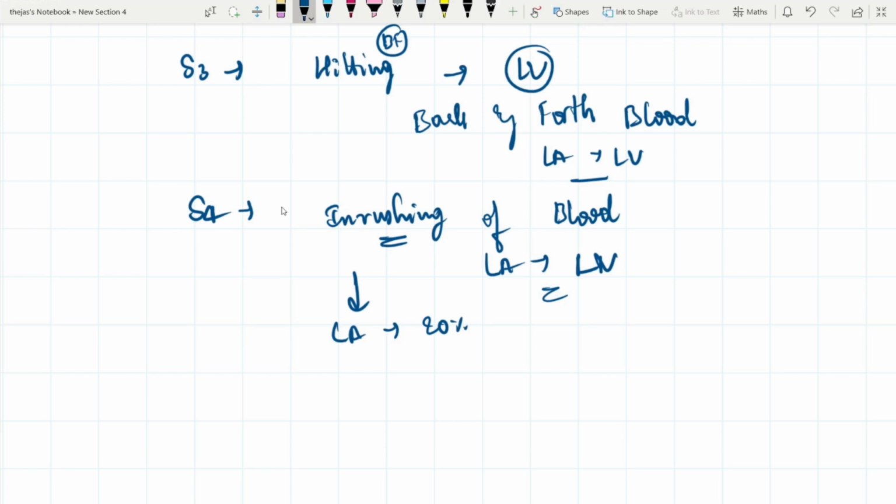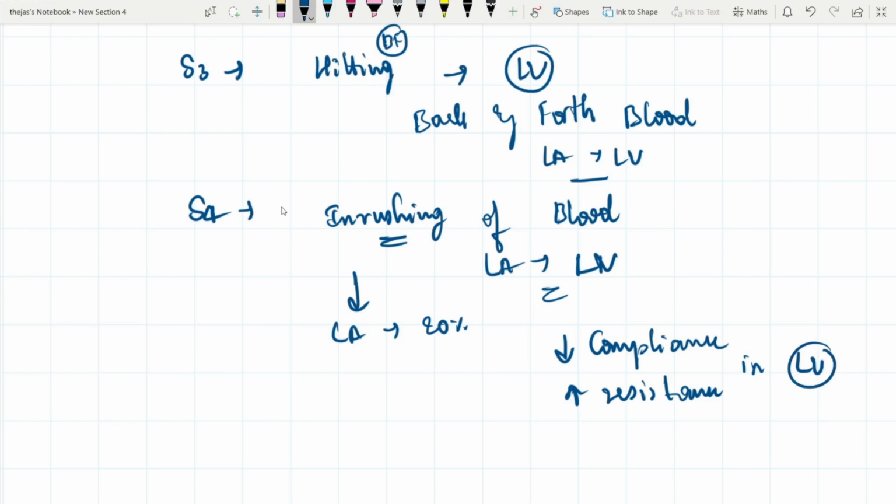So imagine there is decreased compliance or increased resistance in the left ventricle. If there are these two conditions, then the blood just can't fill up to 80% passively, because there is decreased compliance.